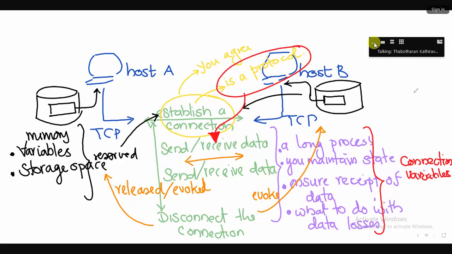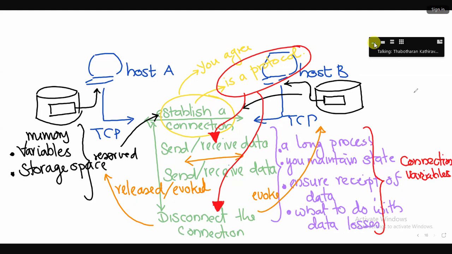Because of the connection establishment, it sets aside memory variables, storage space and everything, and then is involved in data transfer. At the end of the data transfer, the protocol also tells how to disconnect and revoke all these resources kept aside for the data.